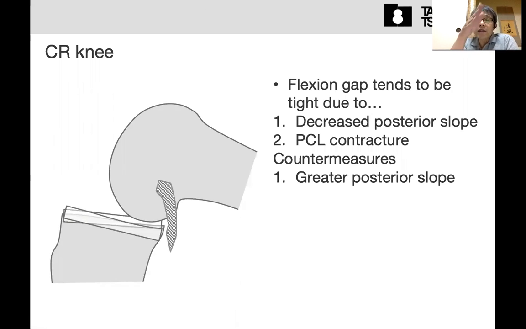In addition, with a too steep slope, the tibia can be pushed anteriorly. This is the vertical cut, this is the posterior side, and this is the anterior side. If you cut too steep posteriorly, the femur comes like this, and after load bearing, the tibia can push anteriorly due to this steep slope. So we should avoid too steep a posterior slope.